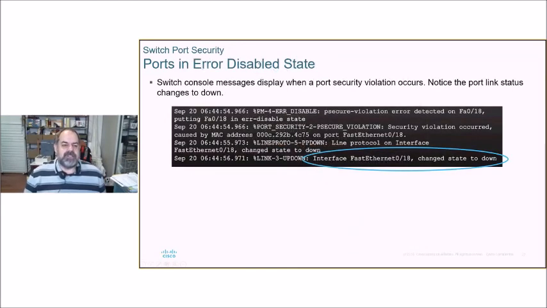And if it has had an error, this is the message you'll get, and the interface has changed state to down. This is in that default shutdown mode. As I said, you'd have to shutdown, no shutdown to actually get the port back online again.